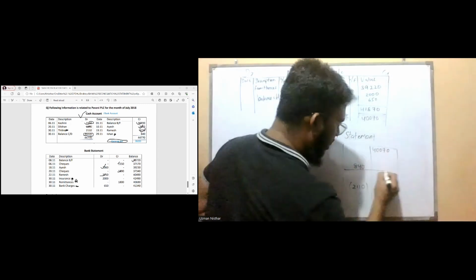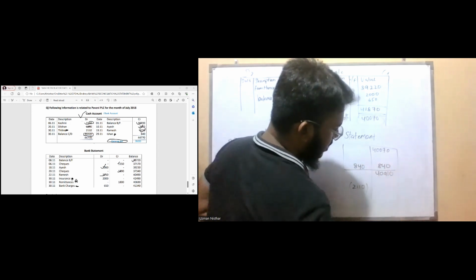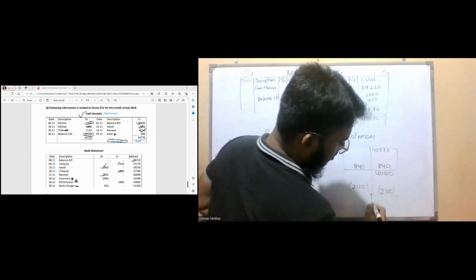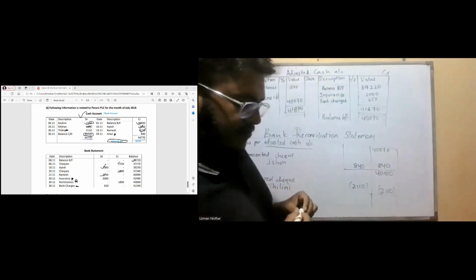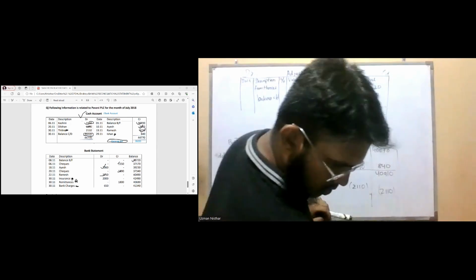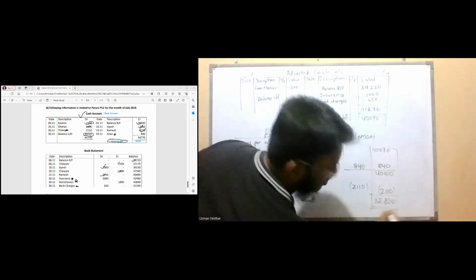Now we just add 840. It will be 40,910, and then here we subtract 2,110. It will be 38,800.